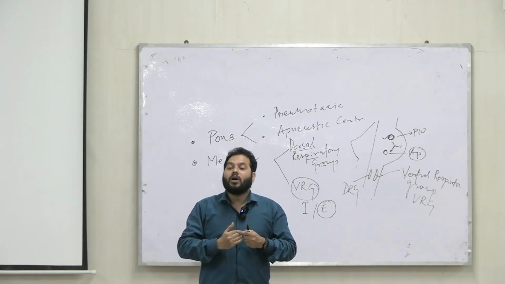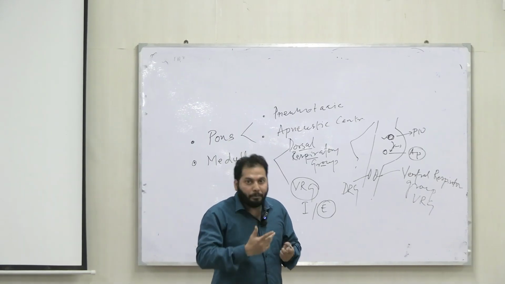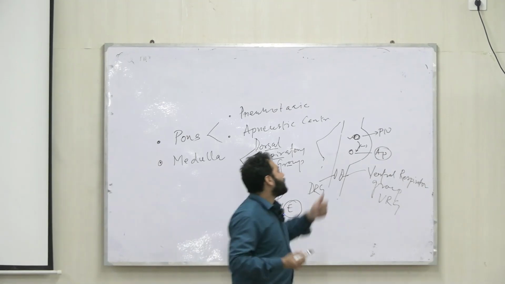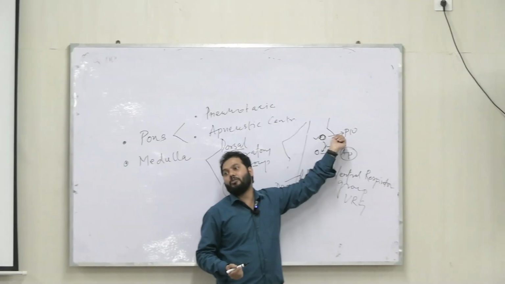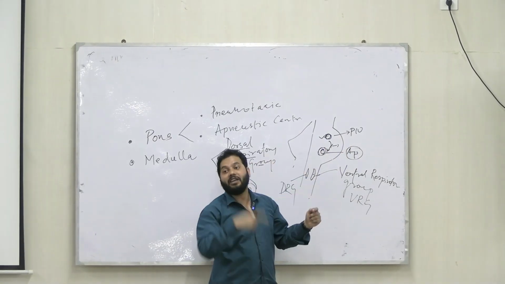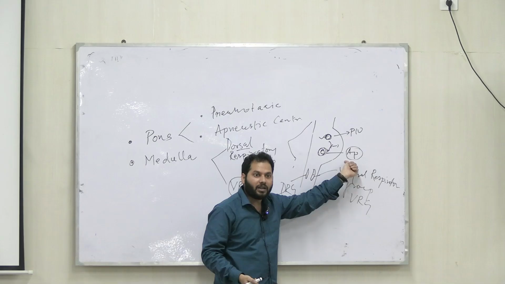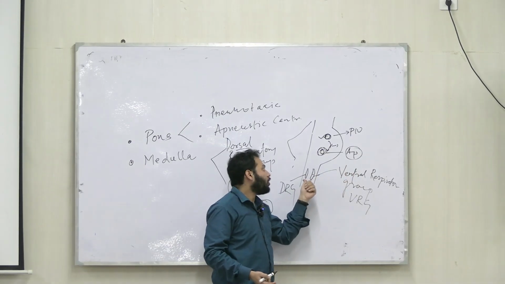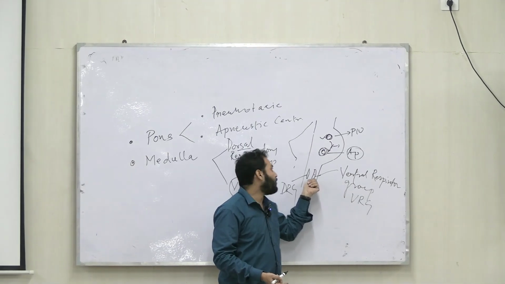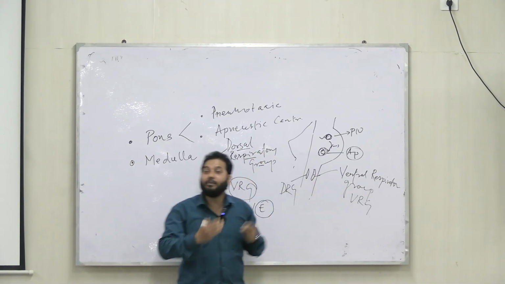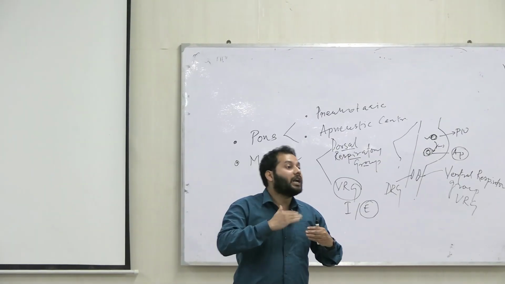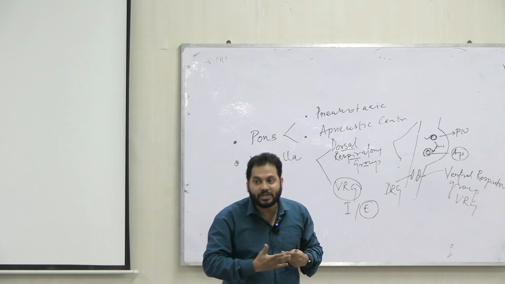So how to maintain the normal rate? Here, the pneumotaxic center plays an important role by inhibiting the action of the apneustic center, so that it will not be able to stimulate the inspiratory center present in the dorsal respiratory group, ultimately helping to maintain the rate and prevent apneusis.